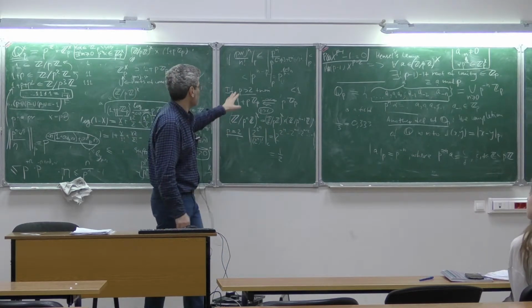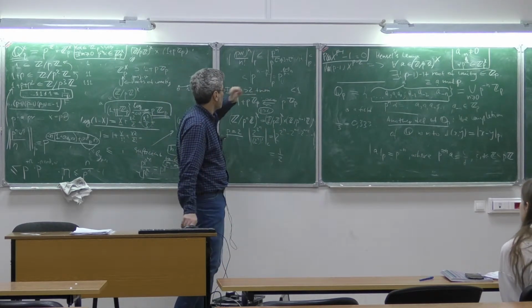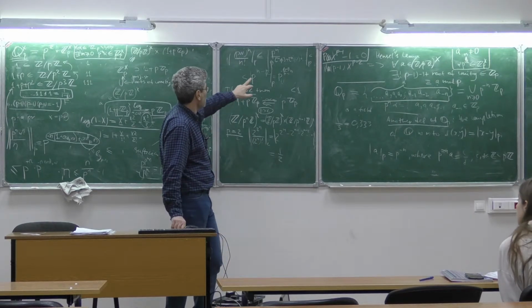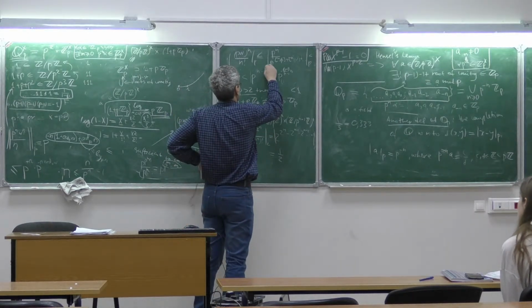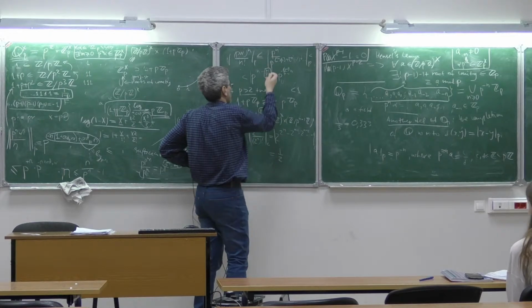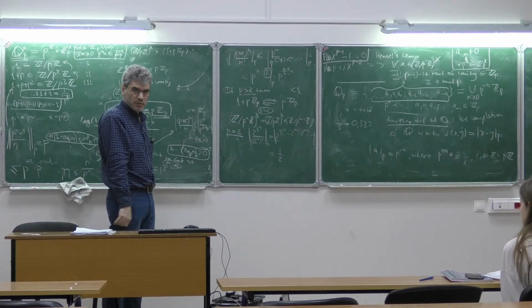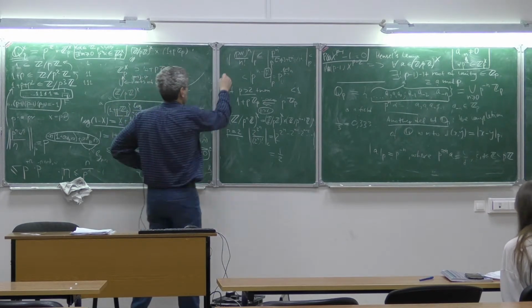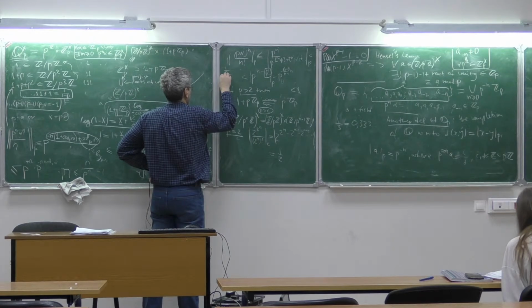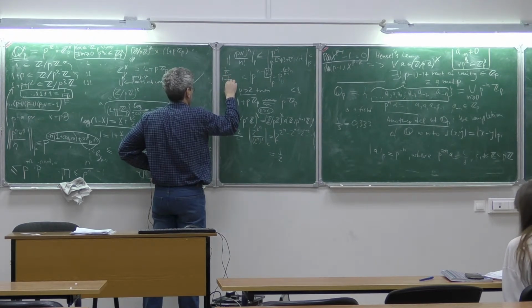And so this infinite sum is n over p minus 1. This is just a geometric progression. You see that it's 1 over p over 1 minus 1 over p.